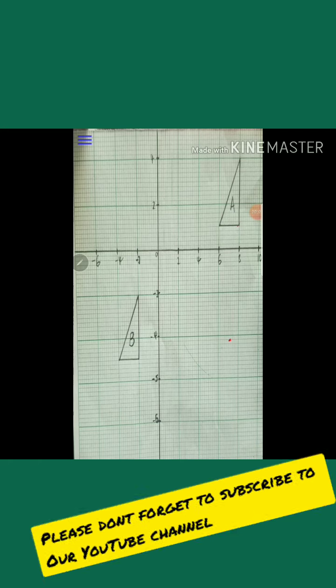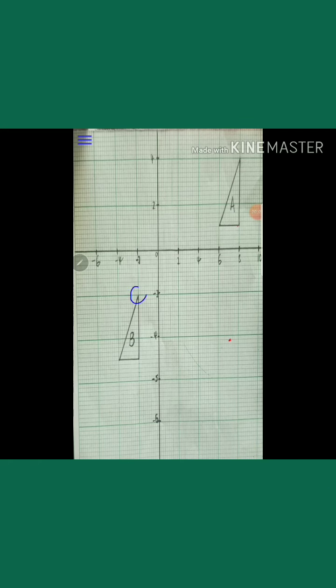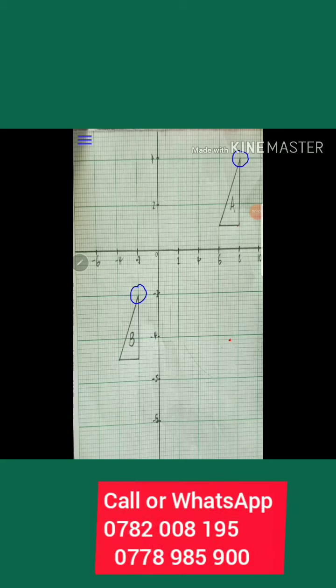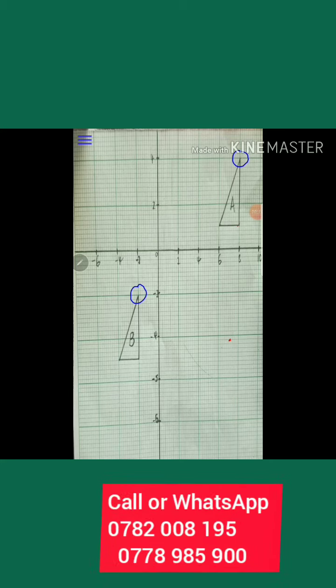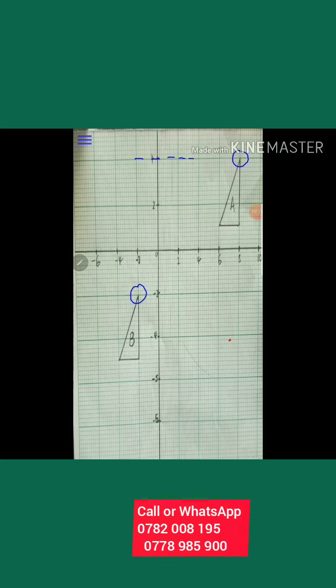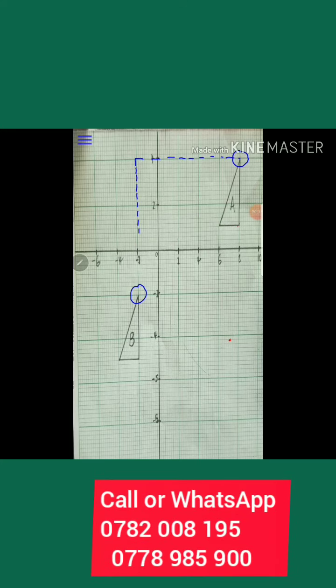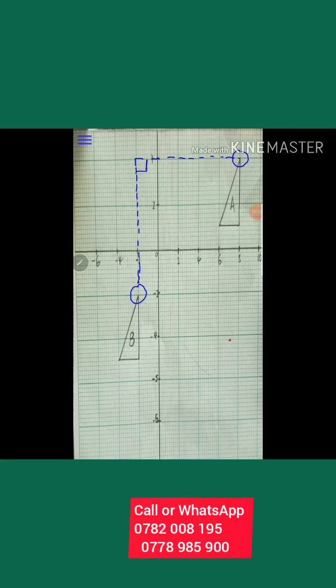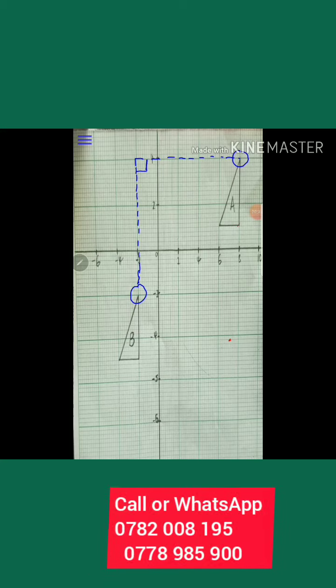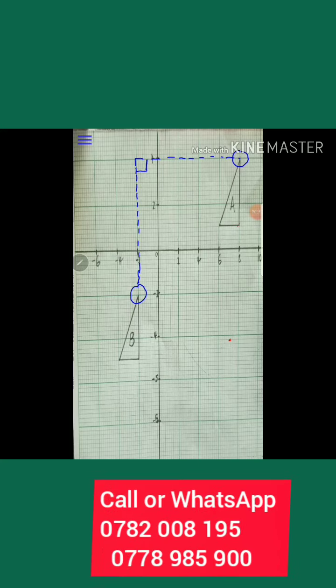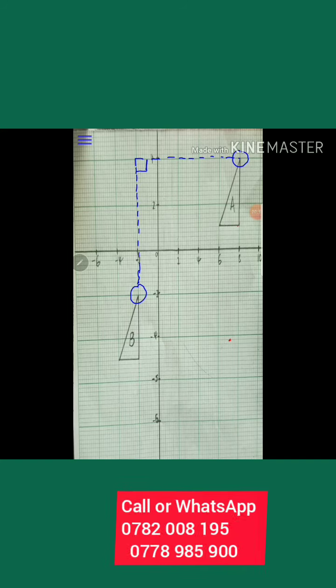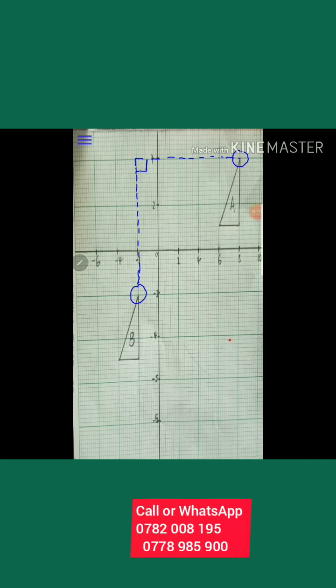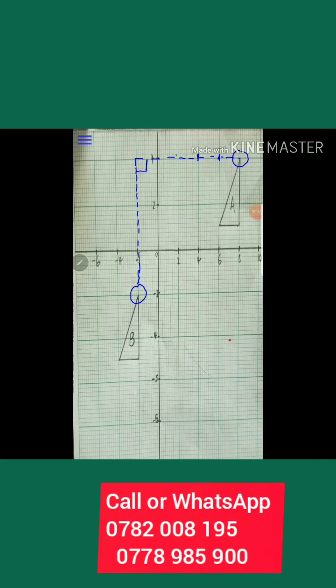Another way of finding the translation vector: let's say this point corresponds with this point. Let us join these points, going until the formation of a right angle here. Our scale was 2 centimeters to represent 2 units, so each full box represents 2. So this is 2, this is 4, 6, 8, 10.